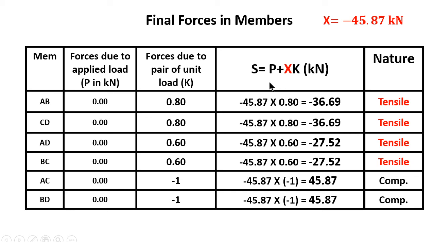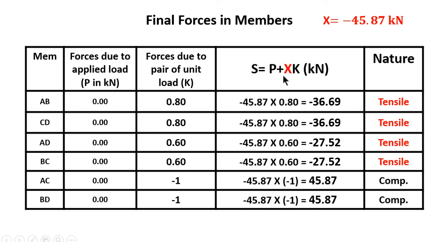And this important column is S, the final forces in the member, which is equal to P plus X into K. Here X is equal to minus 45.87, and in our case P is 0.